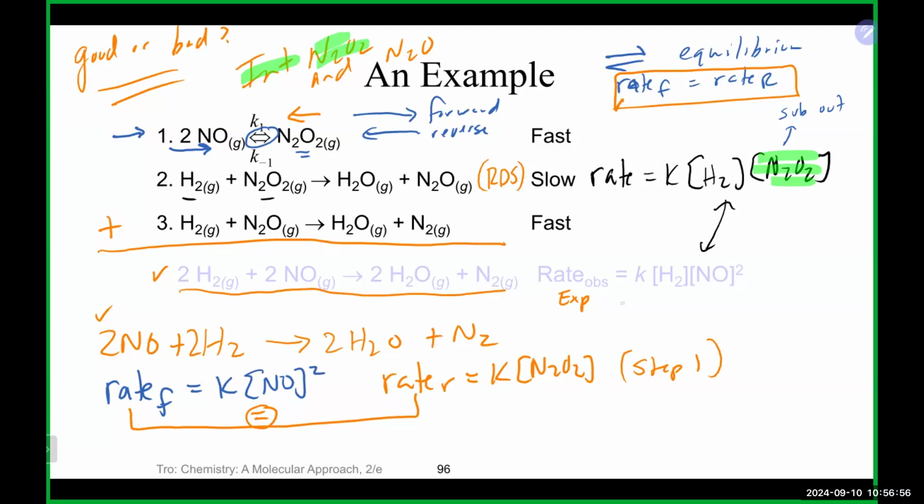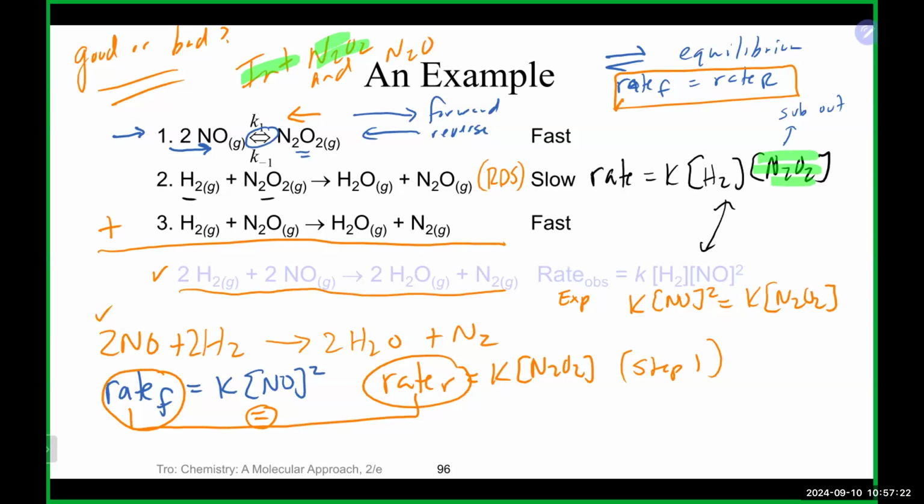So you could set that k times NO squared is equal to k times N2O2. Again, because this value here and this value here are the same number, although we don't know what it is, you could set them equal to each other.